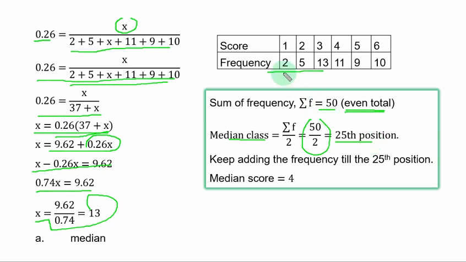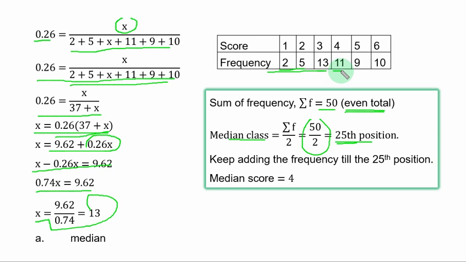So you come here. 2 plus 5 is 7. 7 is not the 25th position. Then 7 plus 13, you have 20. 20 is not the 25th position. If you add 20 to 11, you have 31.